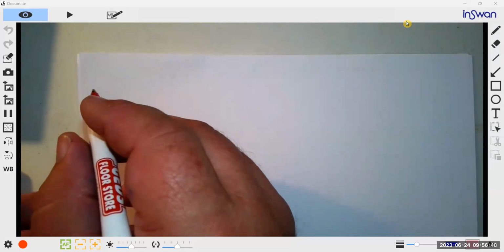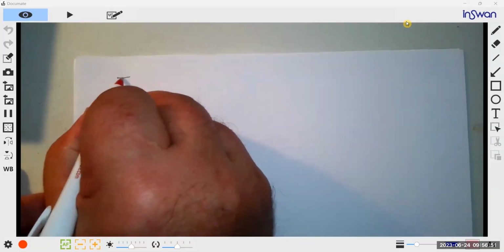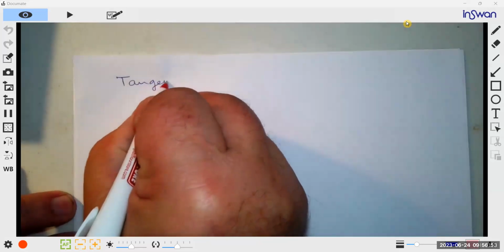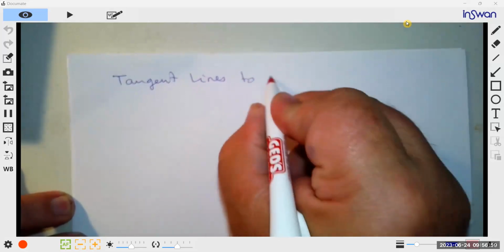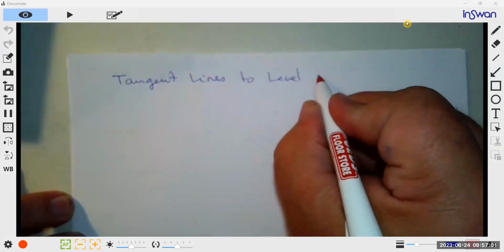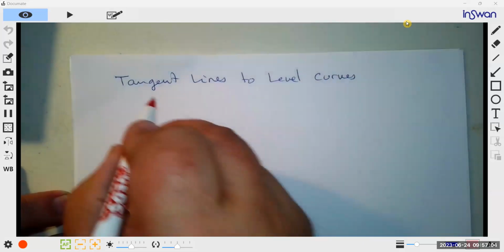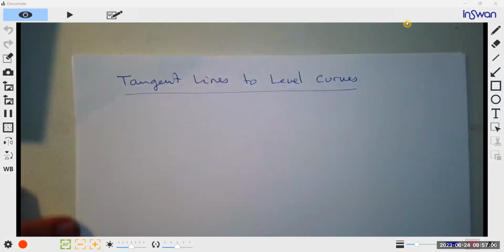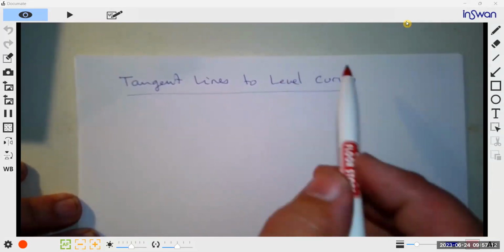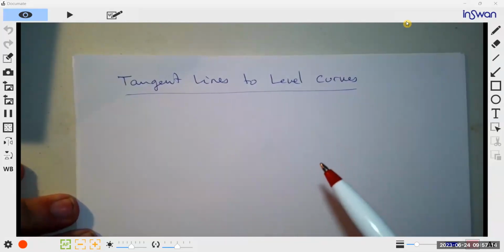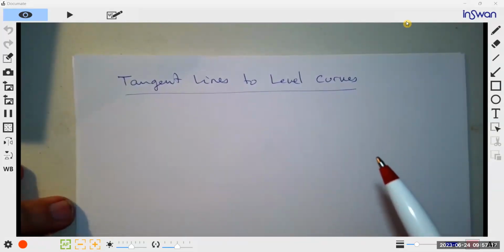All right, let's look at tangent lines to level curves. Level curves are where the function is set equal to a constant.